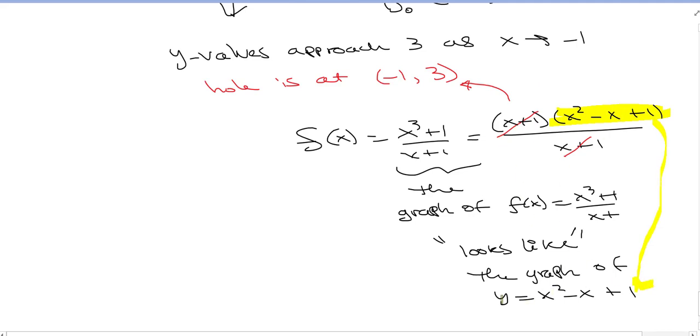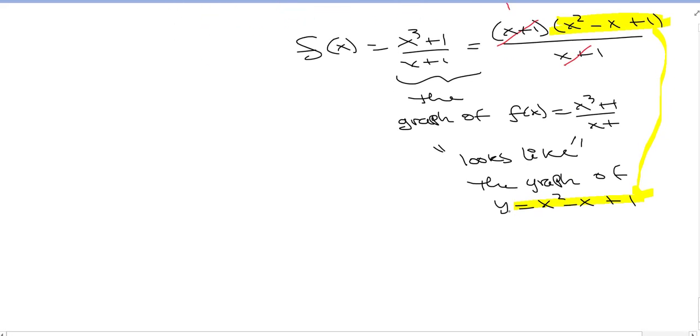So it looks like that, except with the hole. There is a hole in the graph at -1, 3.